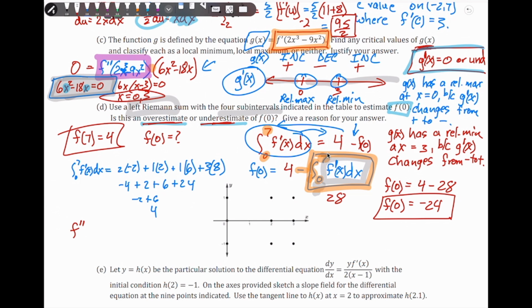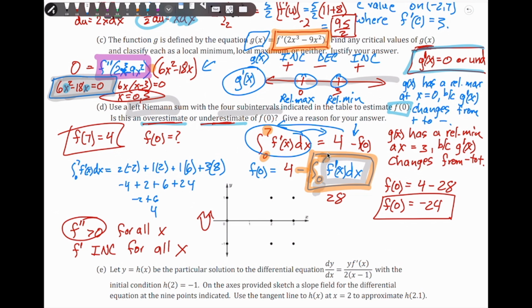And it is an underestimate because f double prime was told to us to be positive for all x. That meant f prime was increasing for all x, which means this second derivative could be seen as positive, showing that it was concave up.